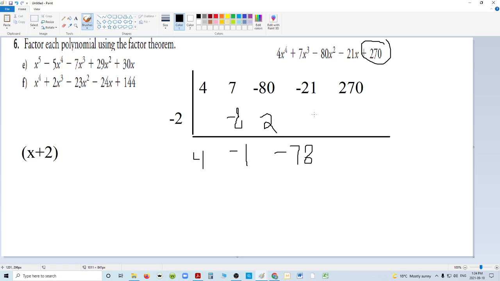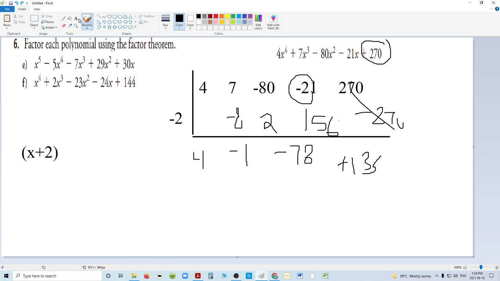When I multiply by -2, I get 156. When I add these two together, I get 135 as the last number, and it's positive. Try to always include your signs. And the last number makes a -270, and these cancel out, so it's 0.